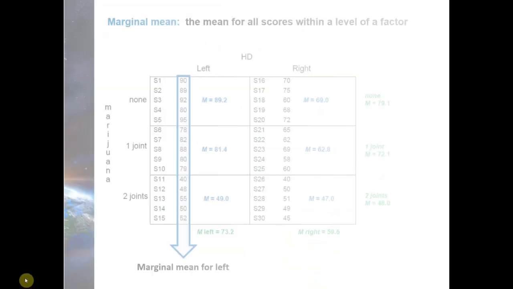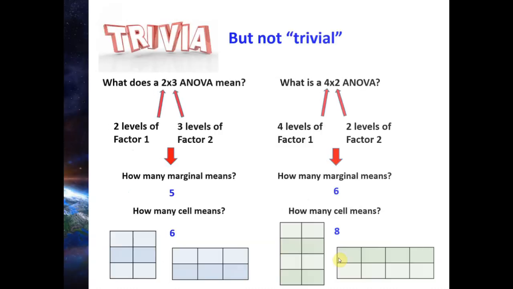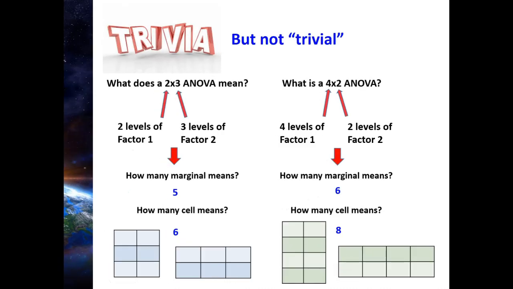Whoops, no, go back. Sorry about that. Sometimes if I tap, right, it advances. So we established that we have 4 columns, so we're going to have 4 marginal means, and we have 2 rows, so we're going to have a marginal mean here and a marginal mean there. So if we've got 4 plus 2, that gives us 6 marginal means.